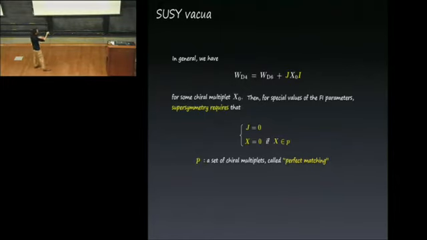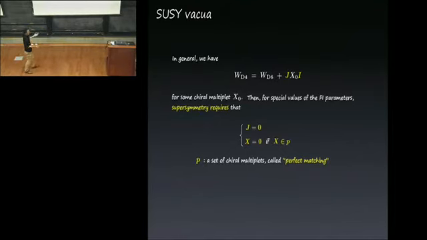The second one is very important and interesting. There is a set of chiral multiplets called a perfect matching, and all the chiral multiplets X included in this perfect matching have vanishing vevs. This is a theorem that follows from this superpotential, and we show it in probably 15 pages of our paper.